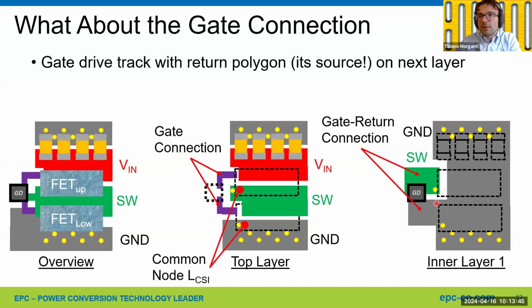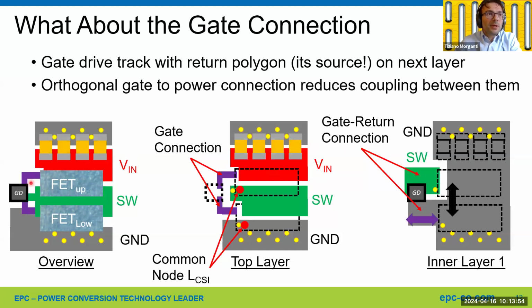On the low side, it's the ground. So you can see on the first inner layer the return path for the gate drive. And also from this layout, you can see the current path of the power loop currents is orthogonal to the gate loop currents. So this will keep them well decoupled and reduce the common source inductance.